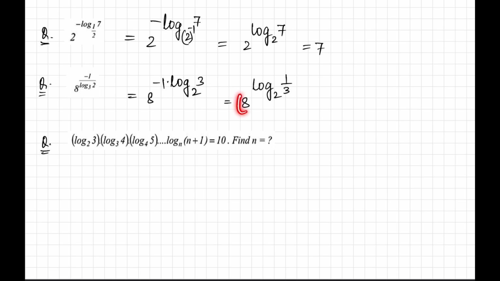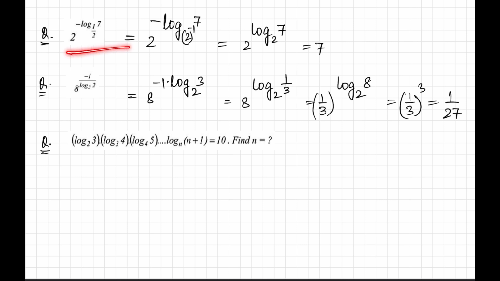Now using the property that these two numbers can be interchanged, what we get is 1 by 3 raised to log 8 base 2, and hence the final answer is 1 by 3 raised to 3, that is 1 by 27. So this is how we solve these two questions.